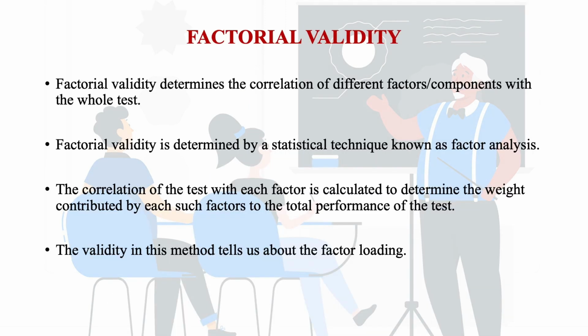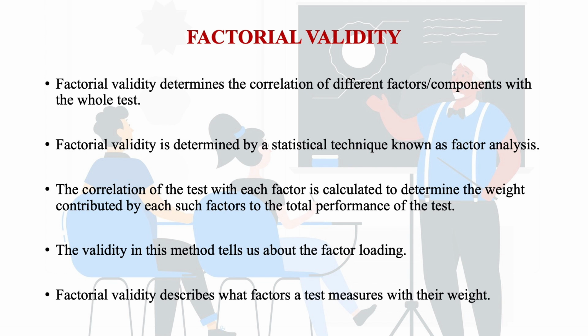So that's why here what you have to do is analyze the factors, which factor is contributing how much, which factor is contributing very largely and which factor is very negligible, and that is also called factor loading. Factorial validity describes what factors a test measures with their weight. That means the factors are putting a certain load, a certain weight. So you have to analyze how much weight each factor is putting.